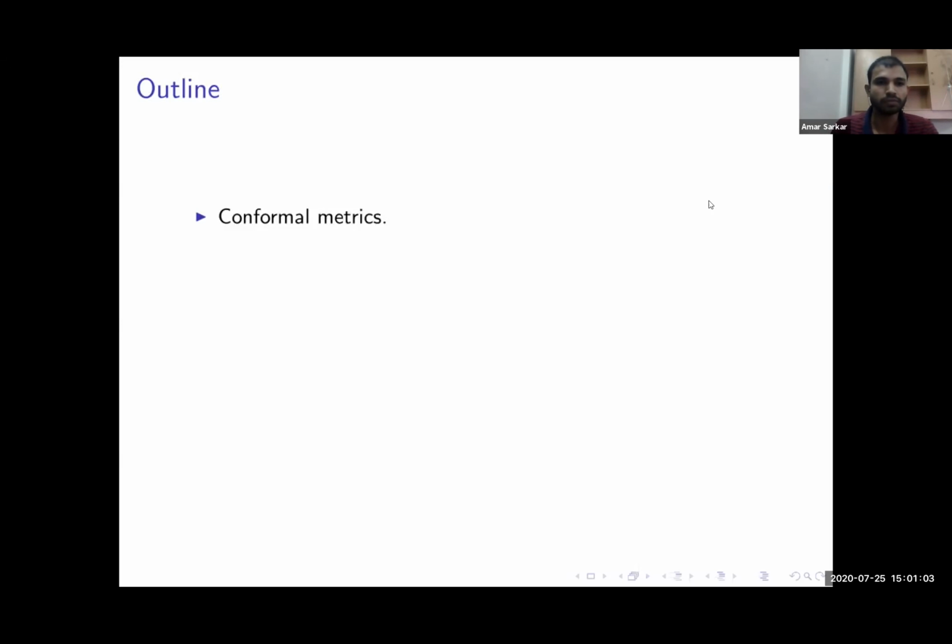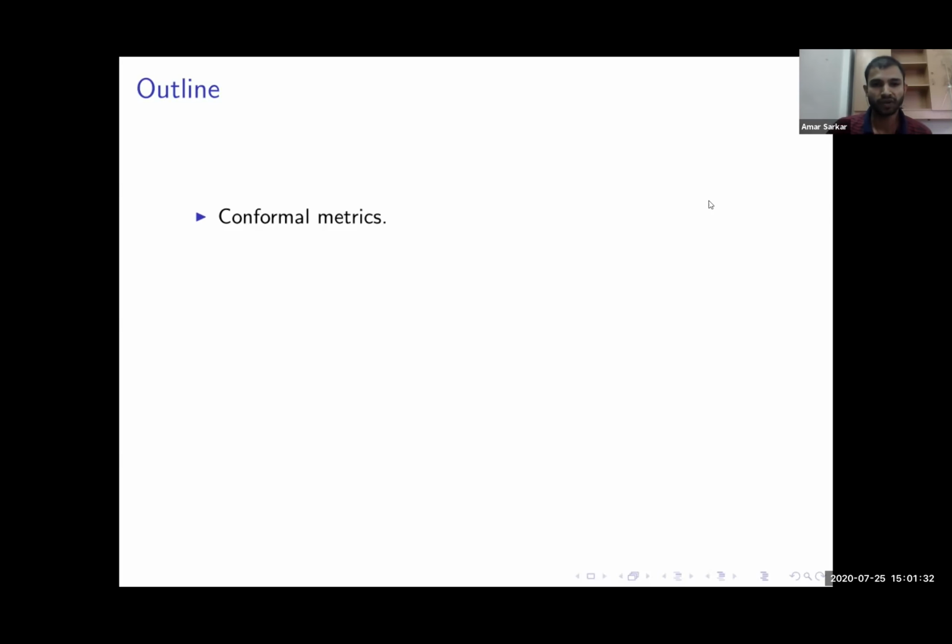I will outline what I'm going to talk about today. First, I will define what conformal metrics are. These conformal metrics arise in geometric function theory a lot, and often they are studied through extremal problems in complex analysis.